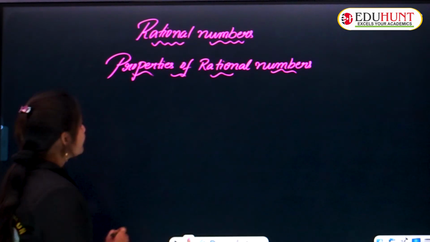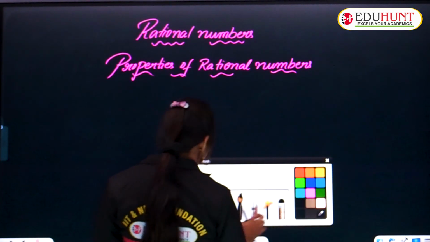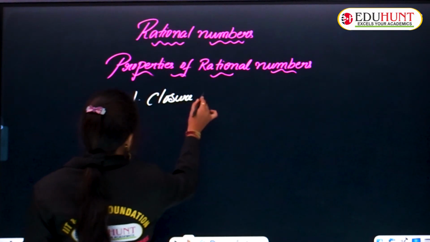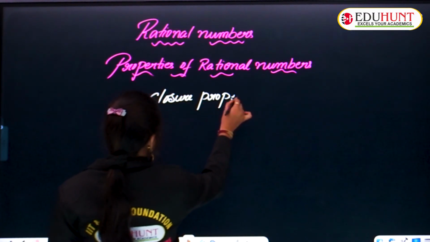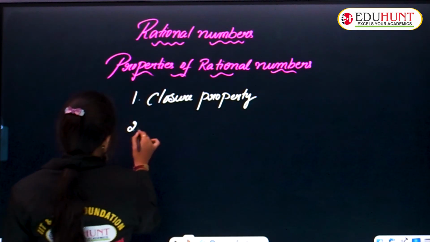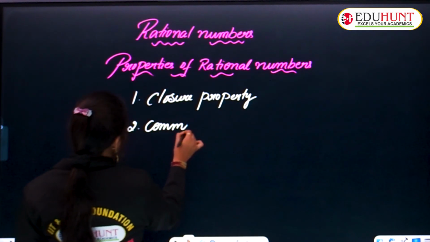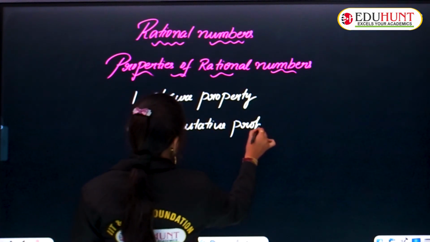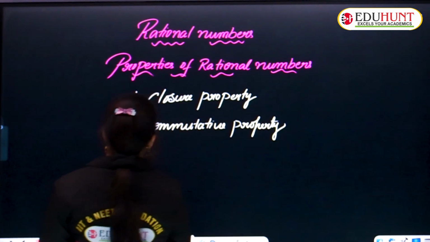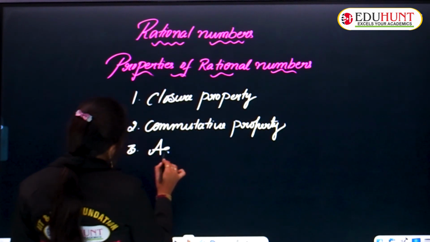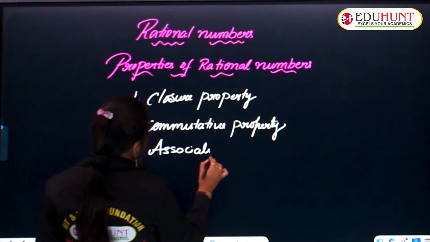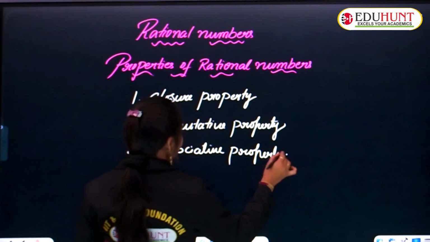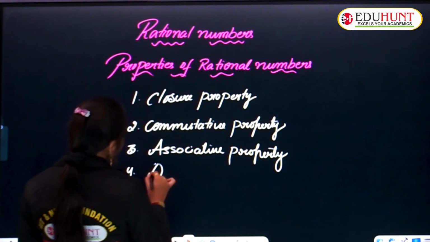See here, what properties are there first? The first property is closure property. Second one is commutative property. Next one is associative property. Next one is distributive property.